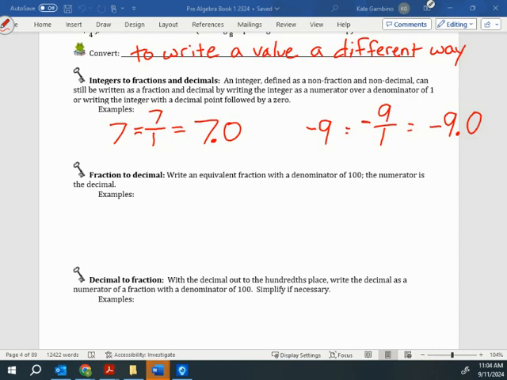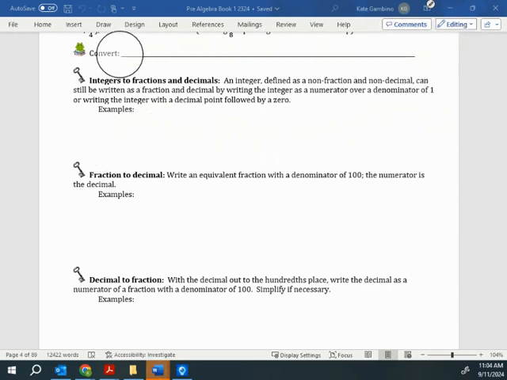Now let's look at going from a fraction to a decimal. So write an equivalent fraction with a denominator of 100. The numerator is the decimal. Let's look at what that means. I'm going to scroll up so it'll be easier for us to see.